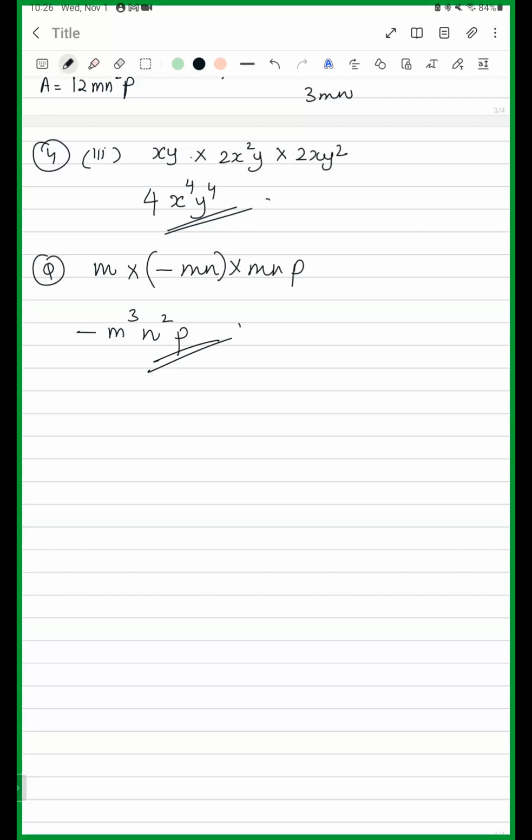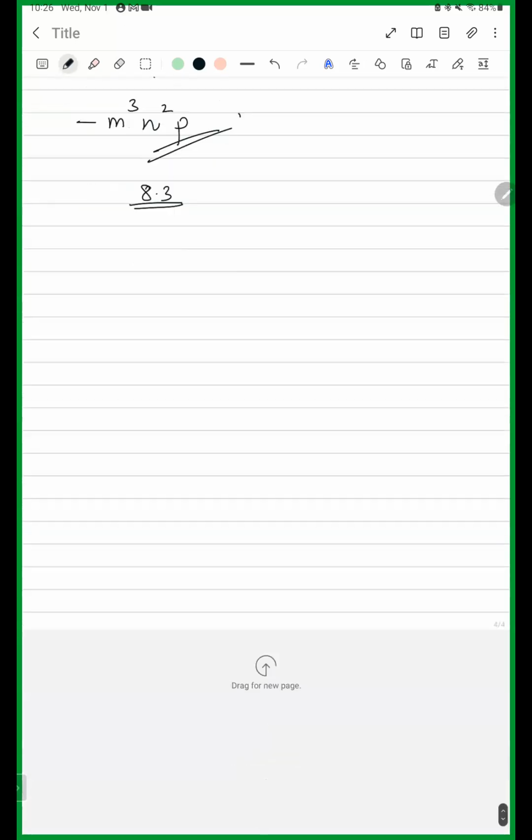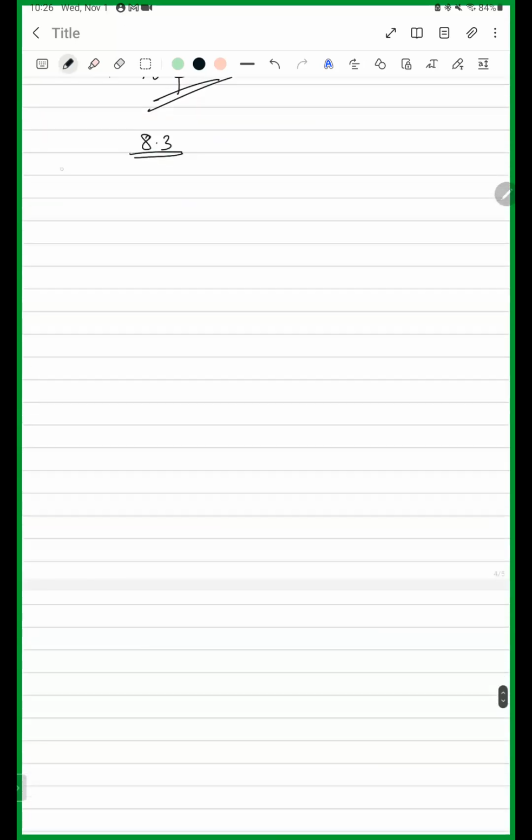Carry out the multiplication of the expressions in each of the following pairs. Let's do a little bit difficult one in this because they're again simple. So a plus b multiplied with 7a square b square. So what is it going to become?